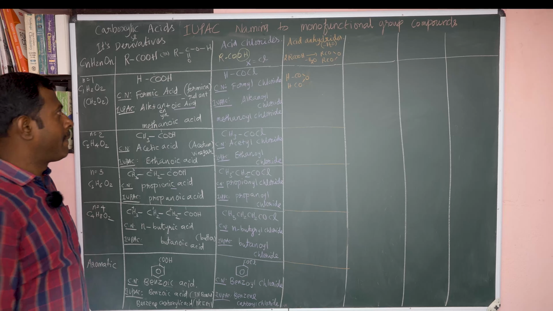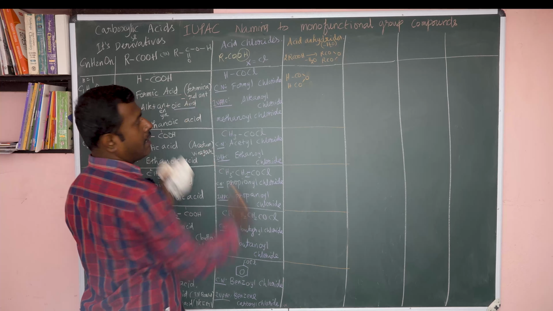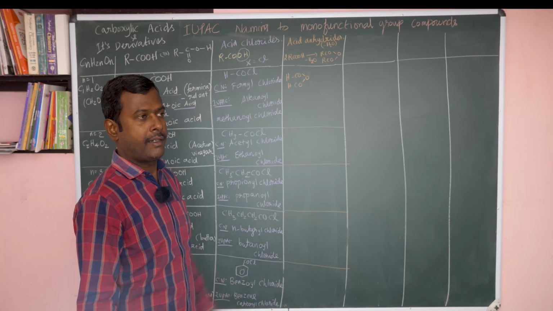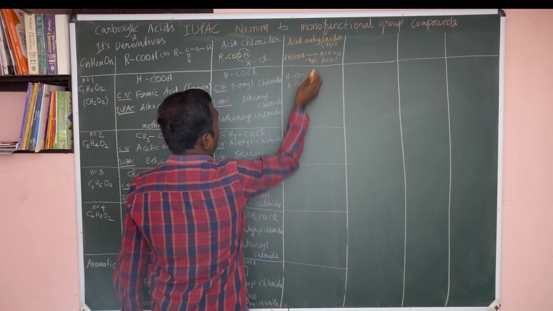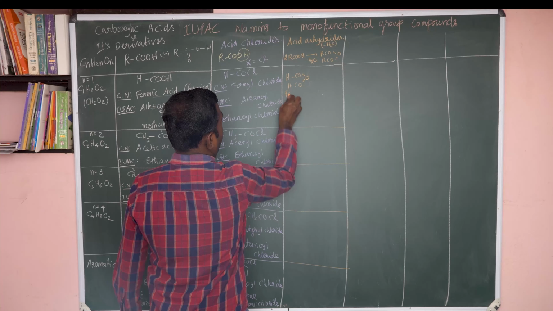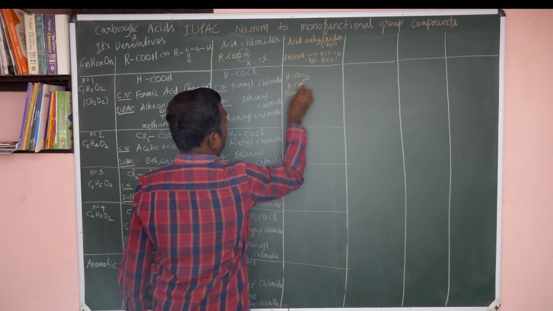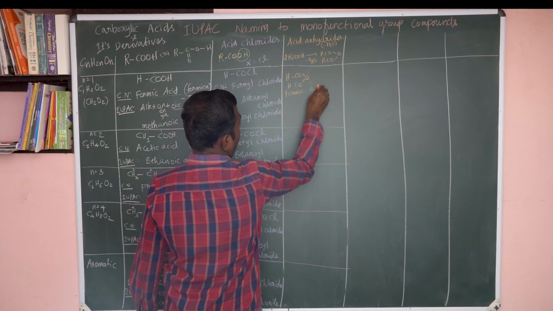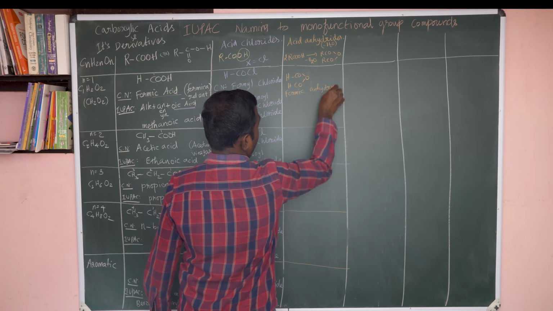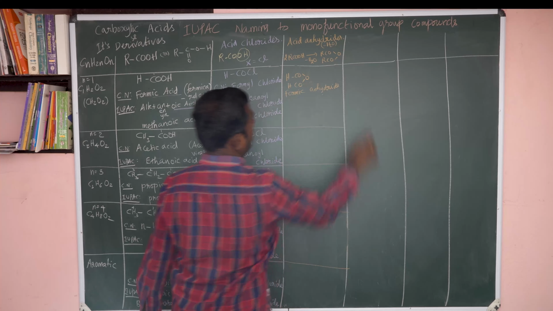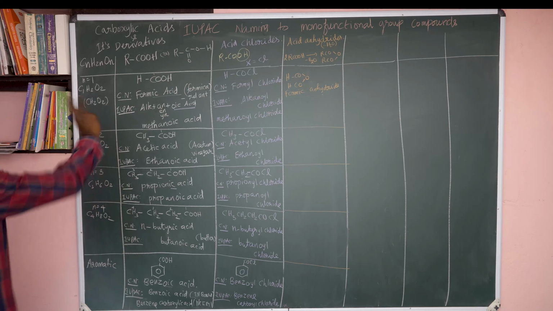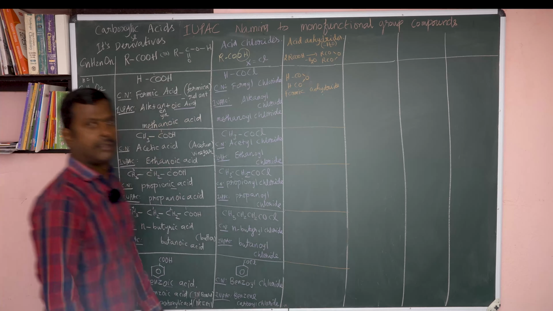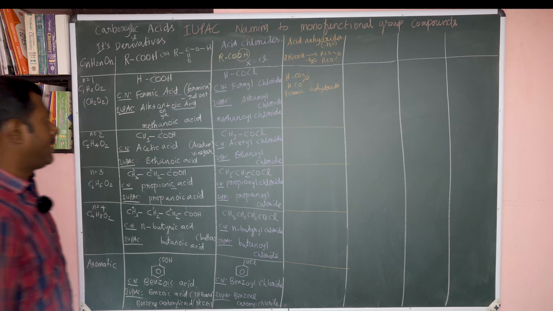Actually two molecules of acid combined; this is intermolecular dehydration. For the acid anhydride name, instead of the word acid, we write anhydride. So formic acid gives formic anhydride.